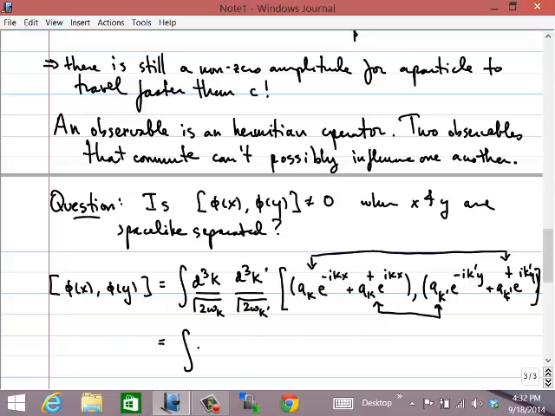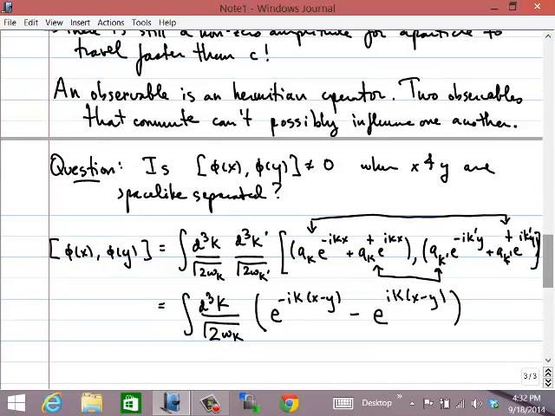So we can write this as an integral d^3k over the square root of 2 omega_k times e^{-ik(x-y)} from that first term, minus, because in the first case you had an a_k a_k dagger commutator, in the other case you have an a_k dagger a_k commutator, which is minus the first one, e^{ik(x-y)}.